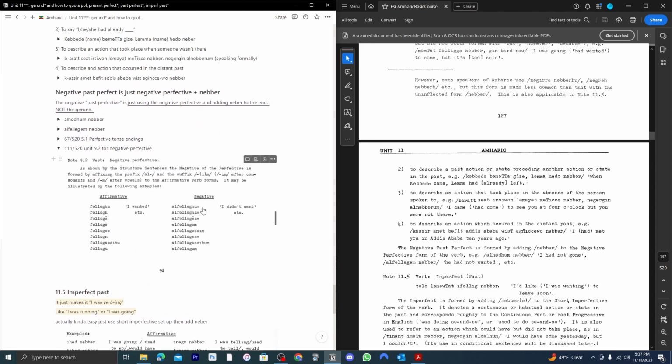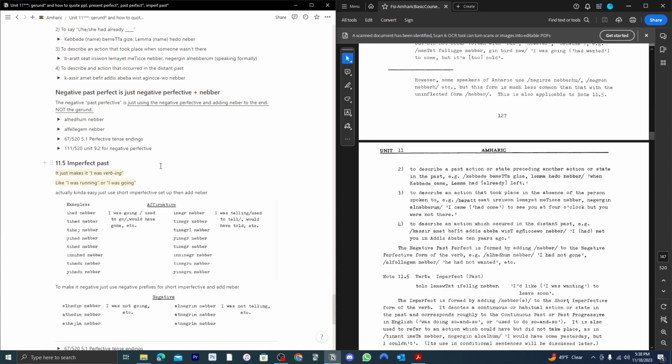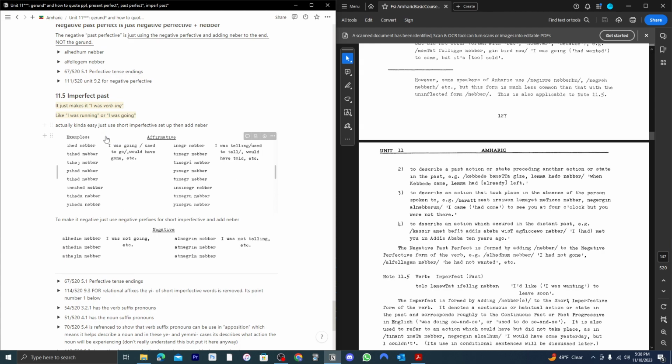Alfelegahum, alfelegahim, alfelegashim, alfelegim. So the idea: use that al with the perfectives here. Al prefix, m suffix. Imperfect past. So the last one, I was something, right? You just take the shortened perfective and add neber to it, but you're not using the full form, you're not making it future tense, which is imperfective.